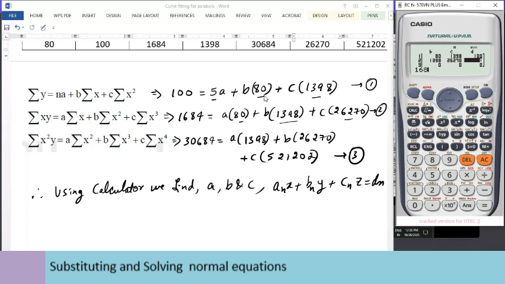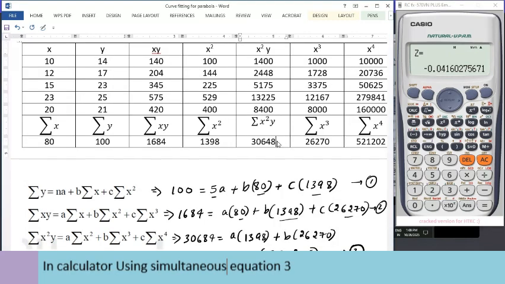This is our second column. The last equation I'm going to take 1398, then 26270, correct? Then c value is 521202. Okay, and the d value is outside equal to, so that is 30684. Okay, when all the three values I'm going to fill in this calculator, just press here equal to. So by mistake, in hurry, you may make mistakes, friends. Okay, so be careful, we'll correct it.